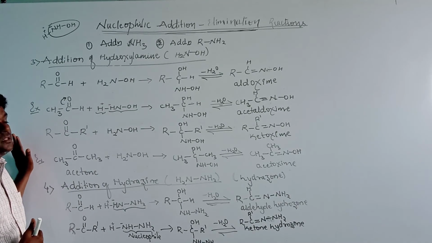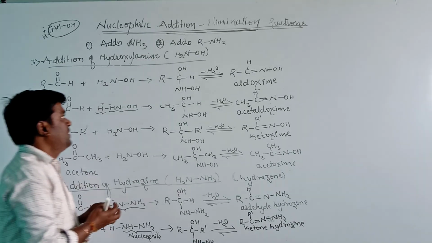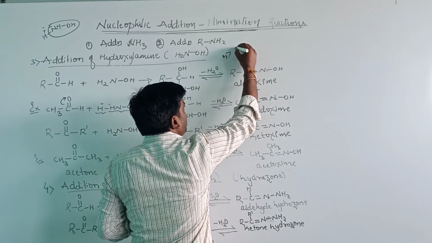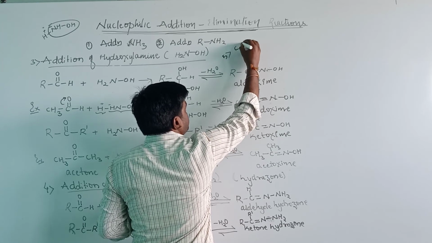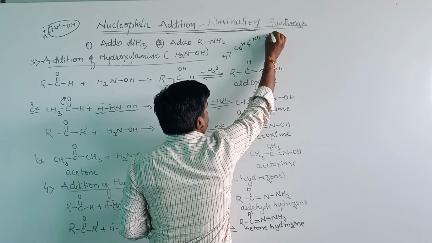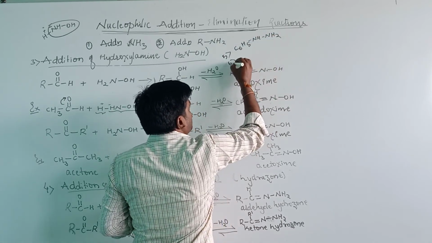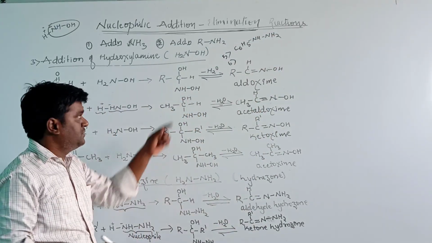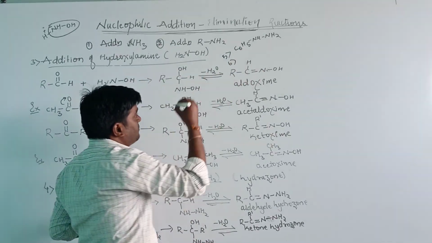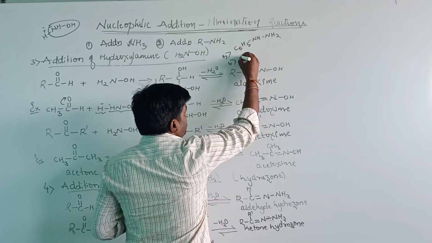We will see the fifth example, that is the fifth one here, addition of phenylhydrazine, C6H5 NH NH2, and the sixth one, semicarbazide.